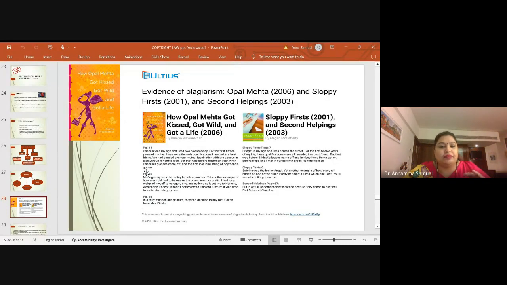Even though it has not reached the court, when the author of the Sloppy Firsts proved that many of the paragraphs were lifted verbatim, the Penguin publication had to take off all the copies which were there on the shelf. So it's evidence of plagiarism, wherein without authorization you are lifting it and using it for your own benefit.